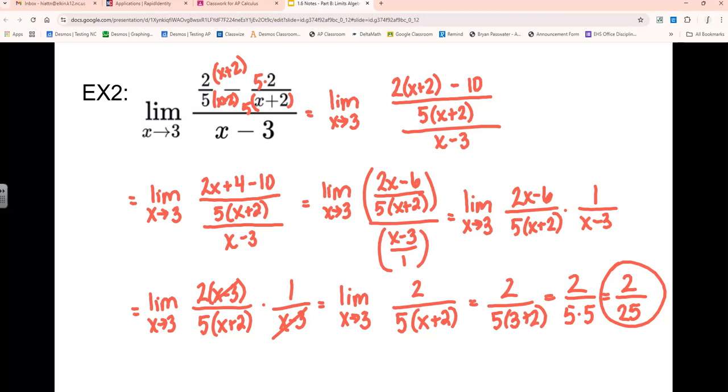No, because of the -3. But this and this are related, right? What could we do to this so that we could get x -3? Yeah, if we factor out a 2, it's going to come back down, and we'll be able to cancel that whole expression.